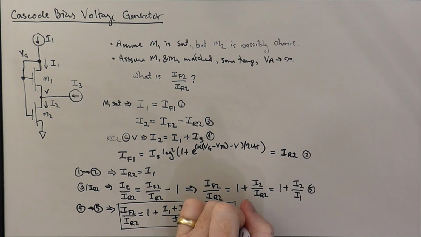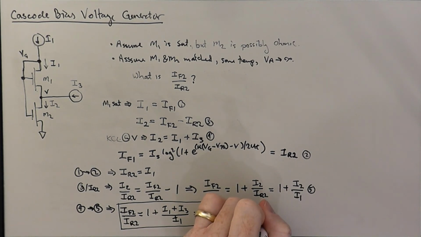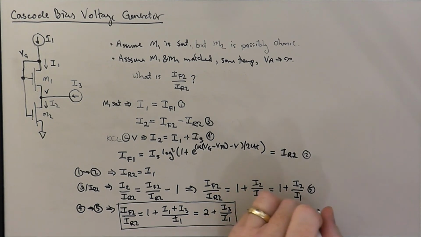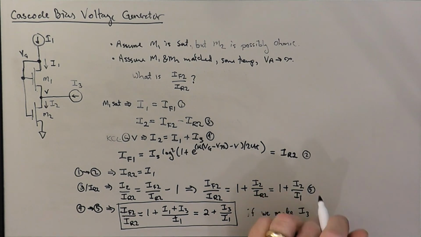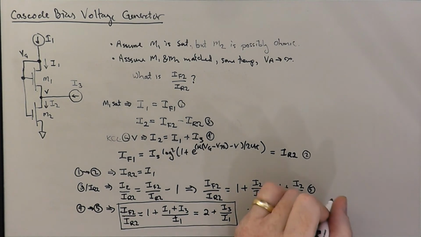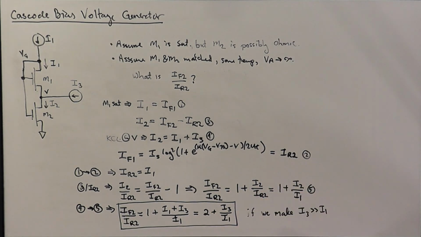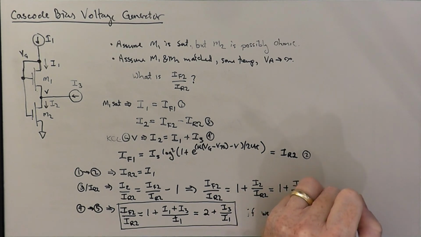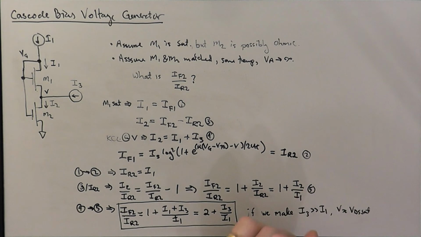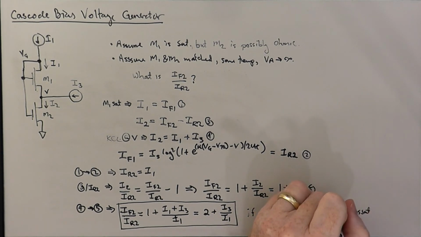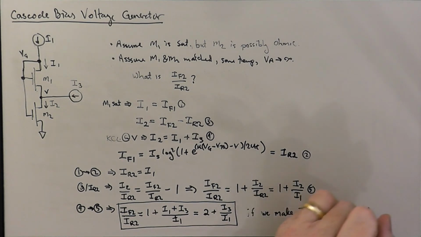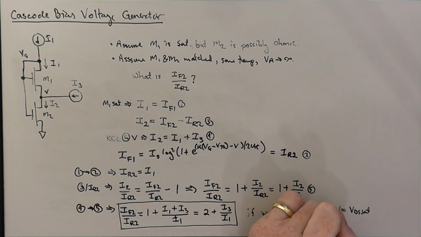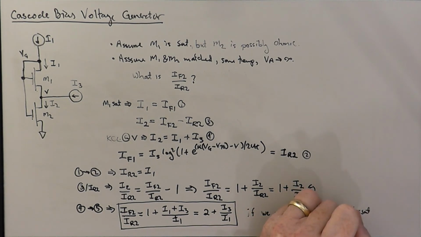So if we make I3 much bigger than I1, we have two things. One, V is approximately VDS set. And notice I2 is approximately equal to I3.